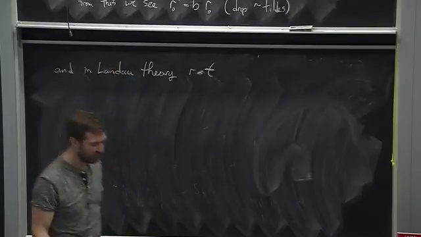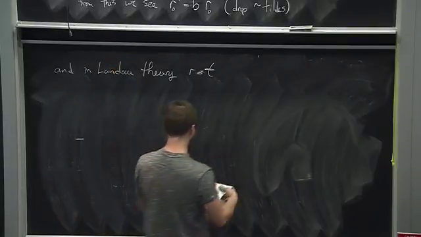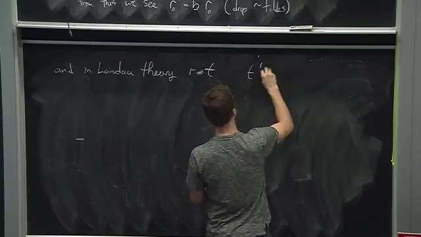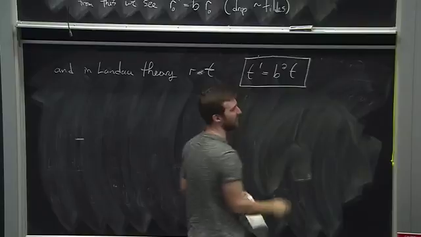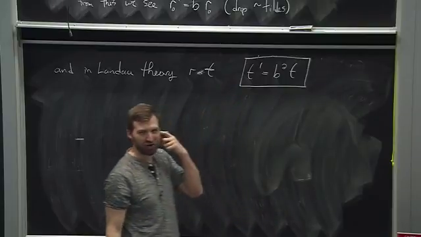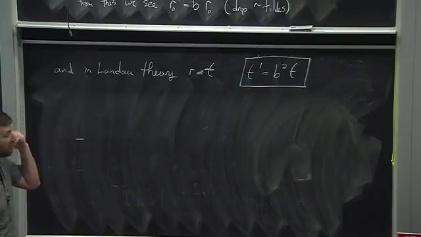Remember, to make your parabola go upside down? So this gives T prime is B squared T. So that's basically the only RG equation in the Gaussian case.